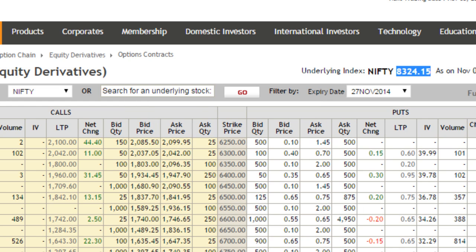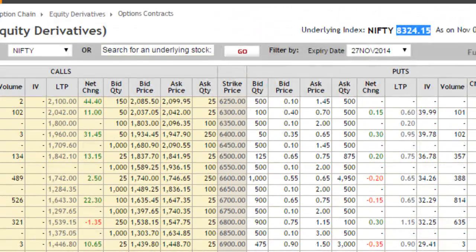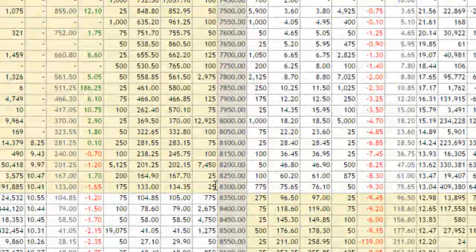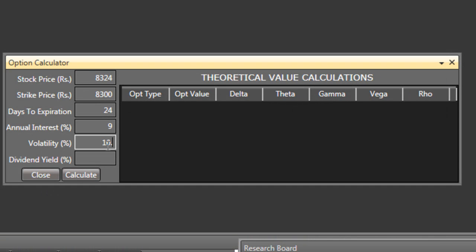I look for the same strike price, 8,300, and the implied volatility column gives around 10.41. So I put the volatility here as 10.41. Dividend yield for an index option is normally 0.